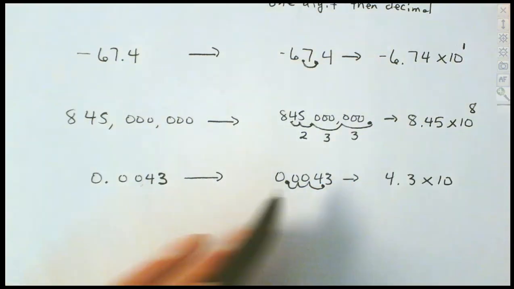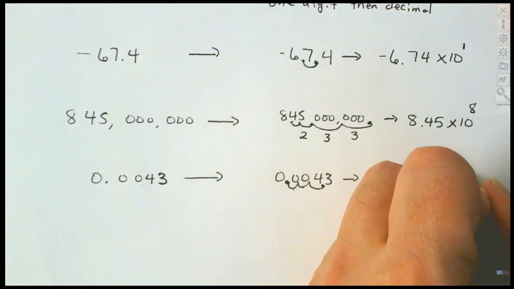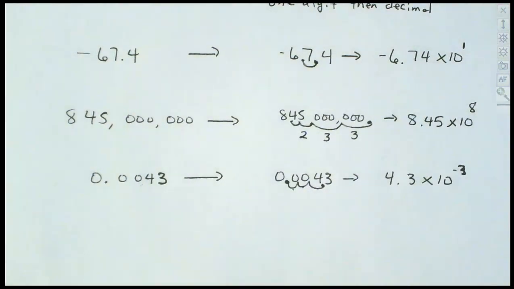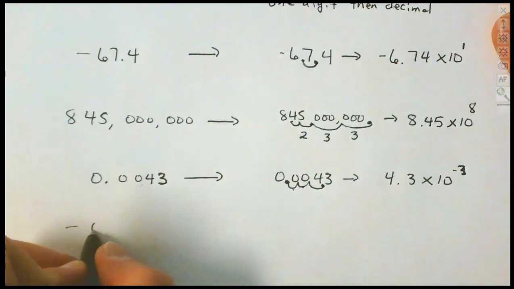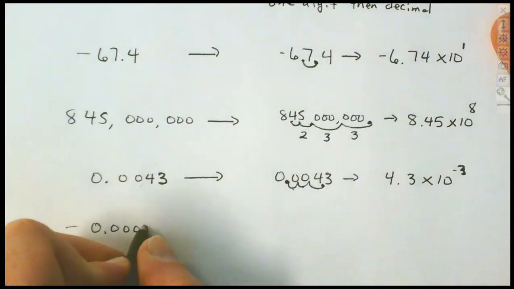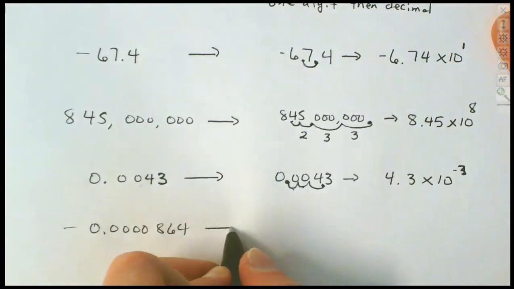We move it to the right, 1, 2, 3 places. So that's going to be times 10 to the negative 3rd power. Let's do another decimal here. And let's convert this one.